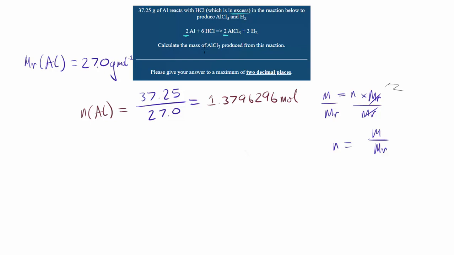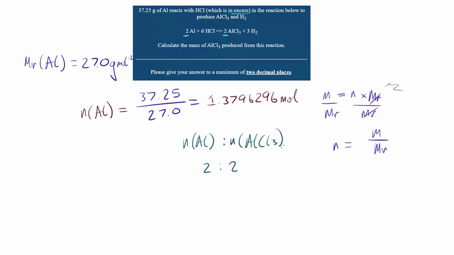The ratio between the moles of Al and the moles of AlCl₃ is a 2 to 2 ratio.